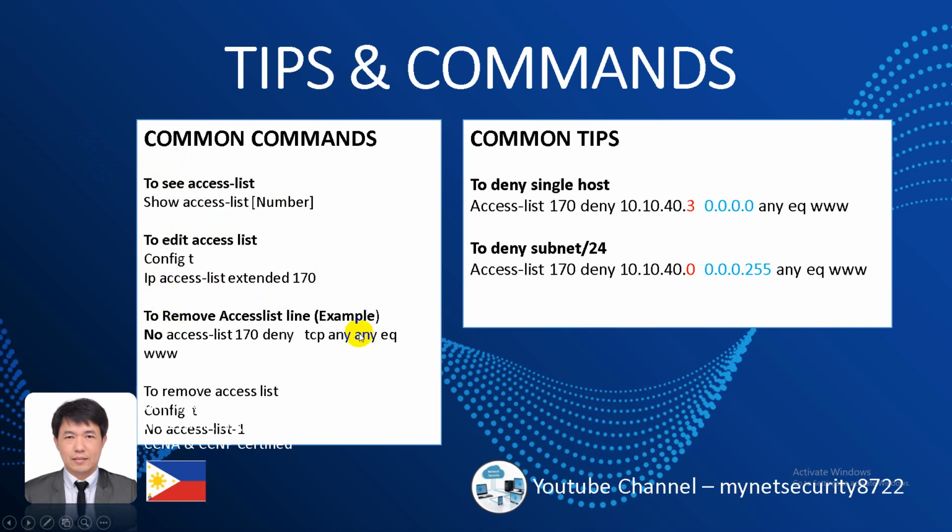To remove the access list is something like this. And the tips for subnet: if you're denying a single host, it should be 0.0.0.0. If you deny a /24, it should be 0.0.0.255, the wildcard mask.